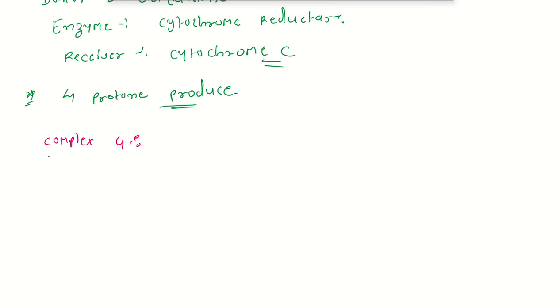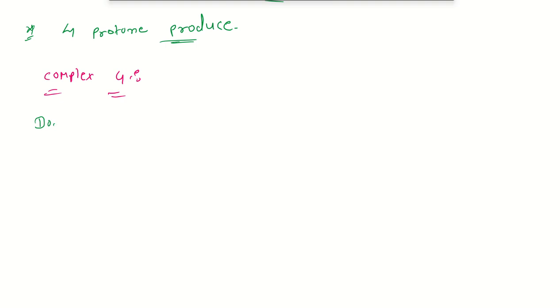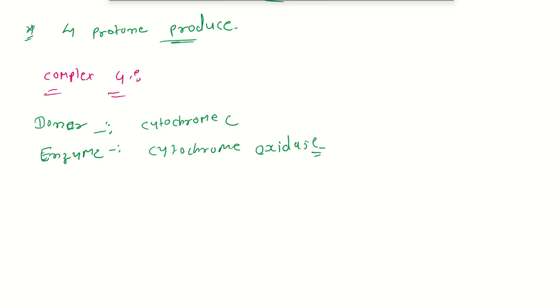And the last complex, complex 4. Here the donor is cytochrome C, the enzyme is cytochrome oxidase, and it is received by O2.